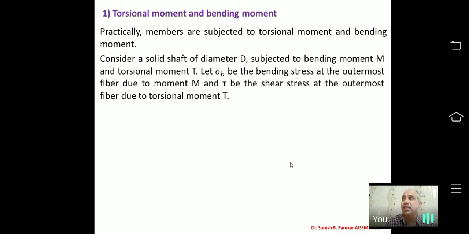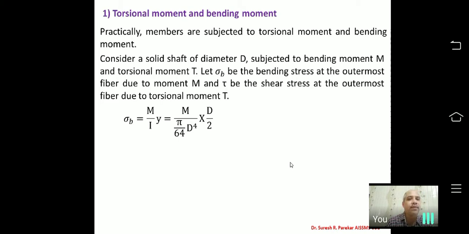Now first we will consider a solid shaft of diameter d, that is subjected to M, which is bending moment, and T, torsional moment. Due to bending moment, let sigma b be the bending stress developed, and due to torsion, let tau be the shear stress developed. Now if I write down the equations, sigma b, the bending stress, is equal to M by I into y.